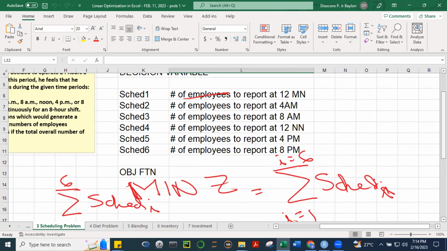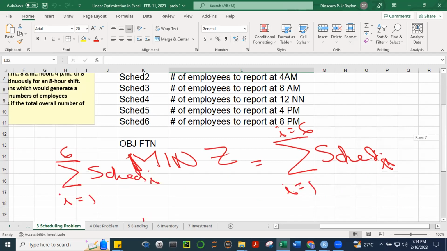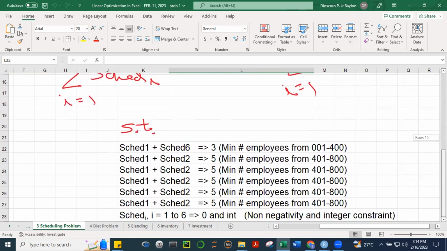So be very careful with setting up your decision variables, your objective function, and then the constraints. If we're wrong in any of this, then even if we correctly run the solution, it will be meaningless. It will be irrelevant and of no use because we're solving the wrong problem.